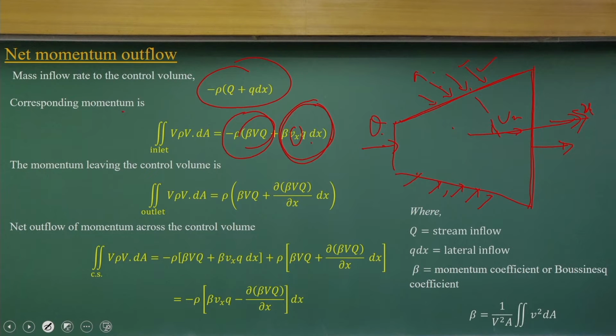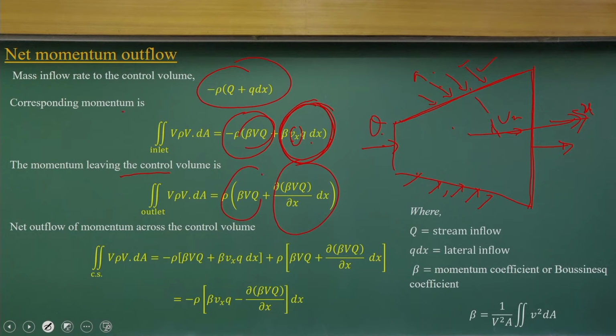It has an inclination. Because of that, let us consider the Vx amount of momentum flux velocity as equivalent, and we can get the momentum flux. So you know it, and we can find what will be the momentum flux going out from this control volume. That will be rho V Q and its gradient. That is the Taylor series.